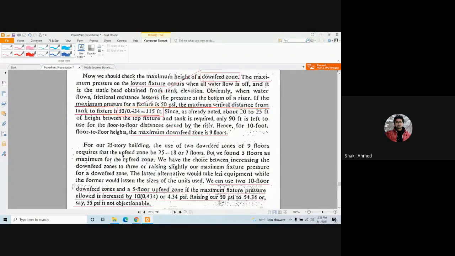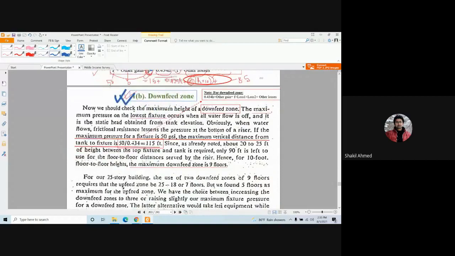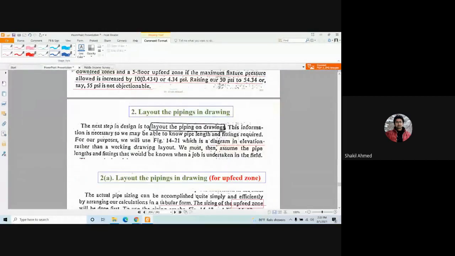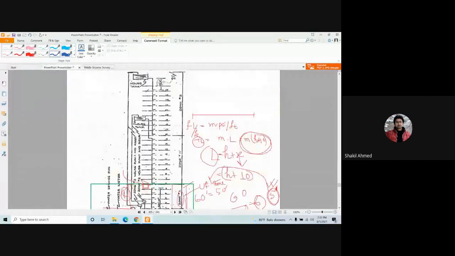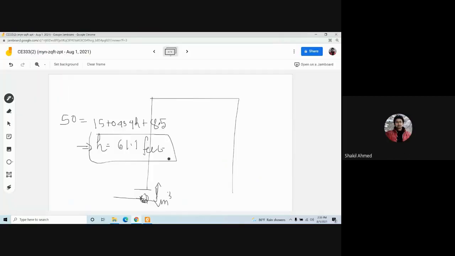Now for the downfeed zone, there is a difference. Let's say this is your downfeed zone. You do not know the height still. As you move downward, does the pressure increase or decrease? Increases. I already elaborated this before.